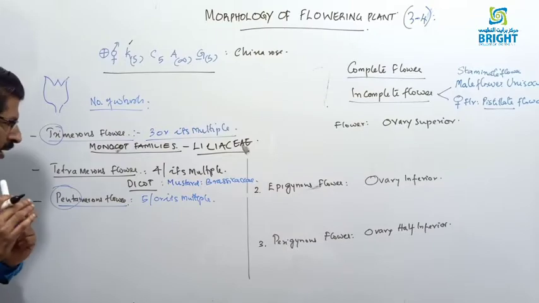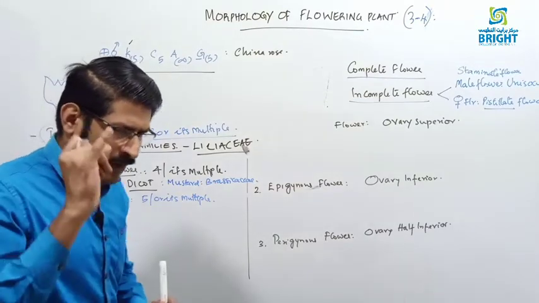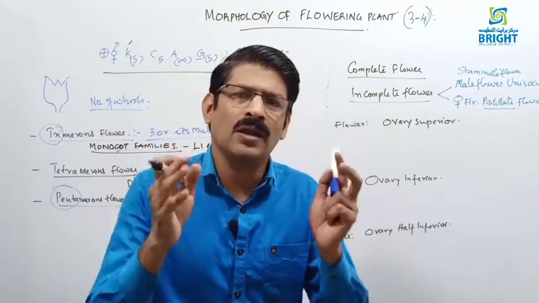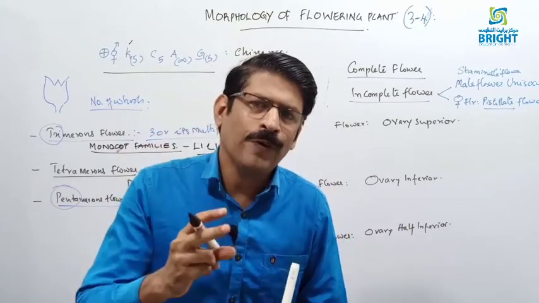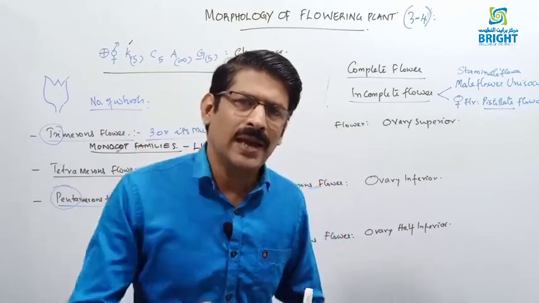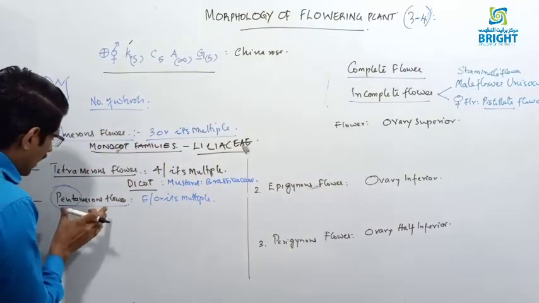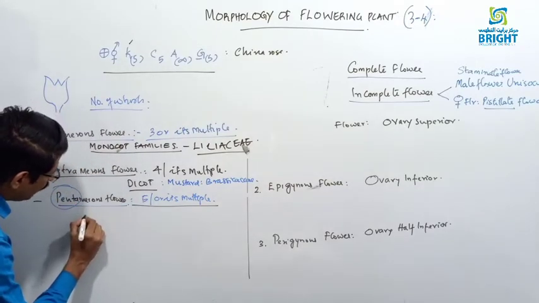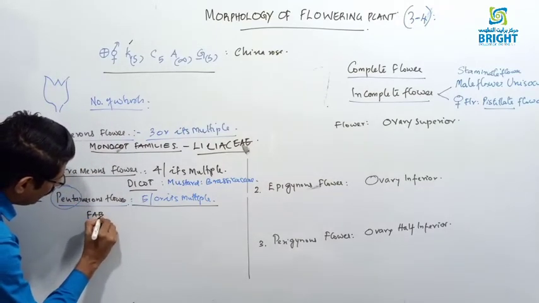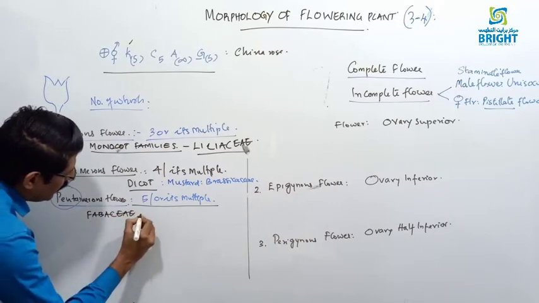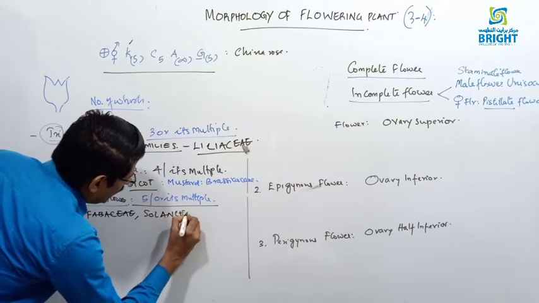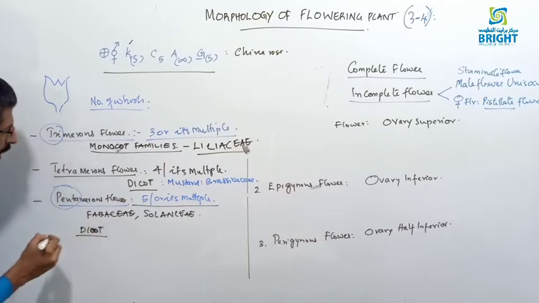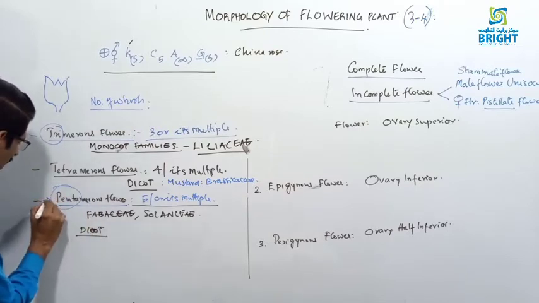In our NCERT, we are studying three families: Fabaceae, Solanaceae and Liliaceae. Liliaceae is a trimerous flower, so we can say that it is a monocot family. The other two families, Fabaceae and Solanaceae, have pentamerous flowers, which is a characteristic feature of dicots. So a dicot flower may be pentamerous or tetramerous.